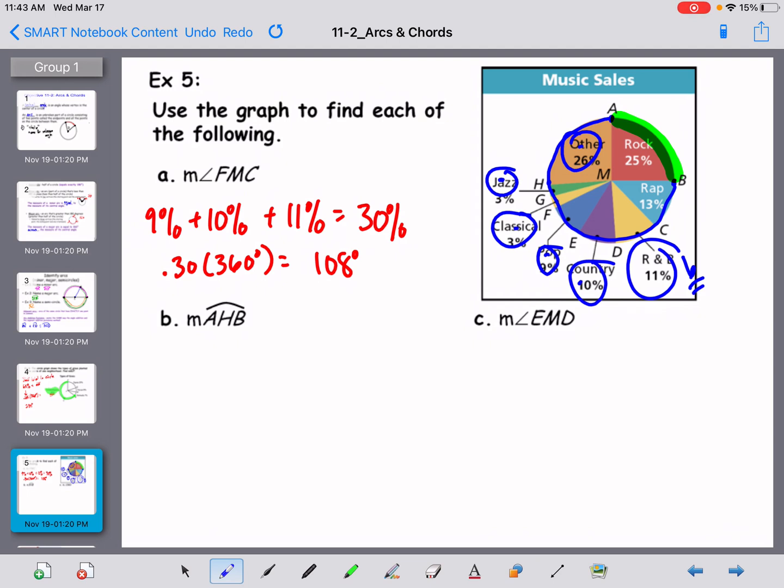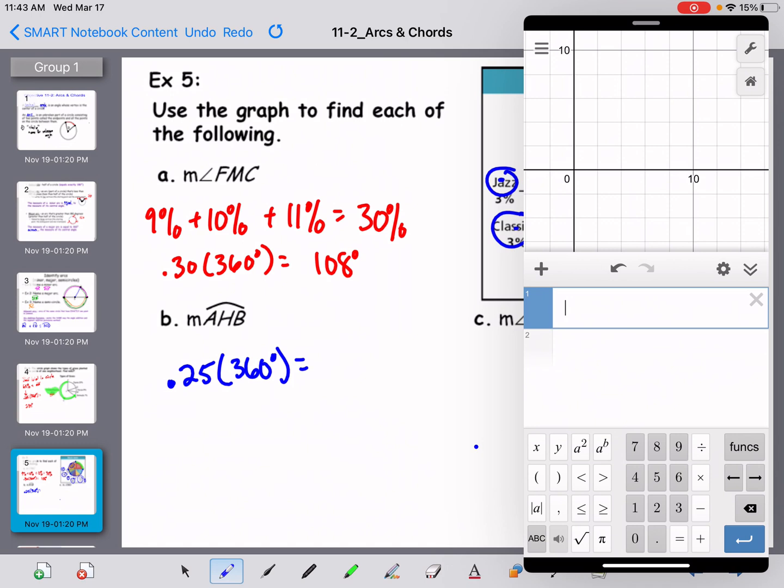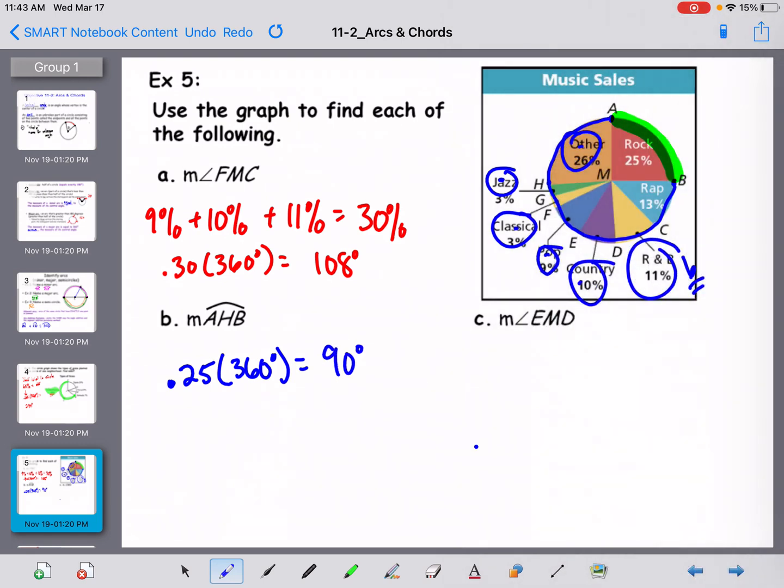So again, I could add all of these things together and then multiply that by 360. Or another way to work this problem would be if I said 0.25 times 360 degrees. What's that going to give me? 0.25 times 360 gives me 90 degrees. So this is 90 degrees right here.